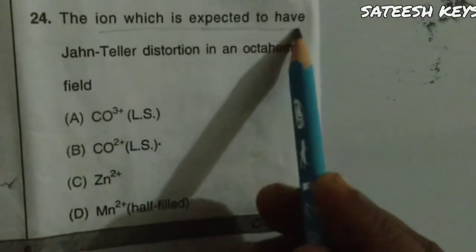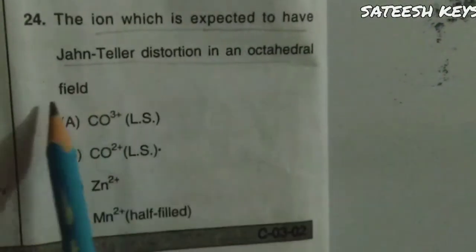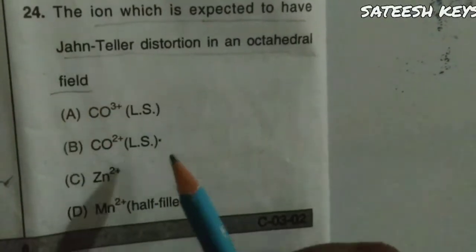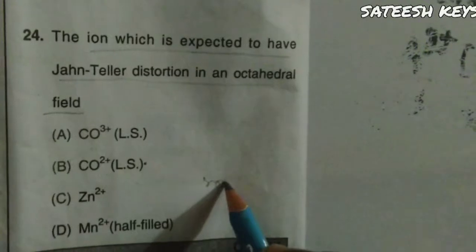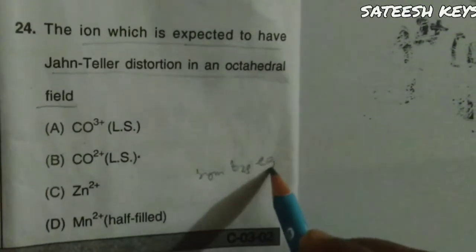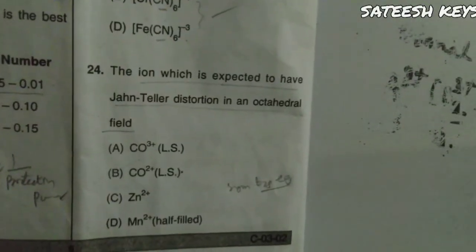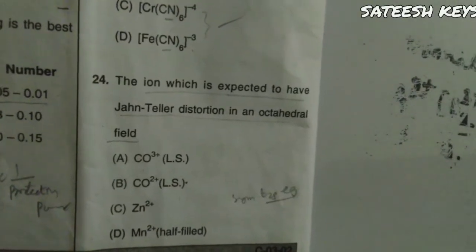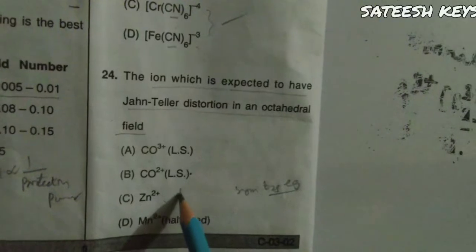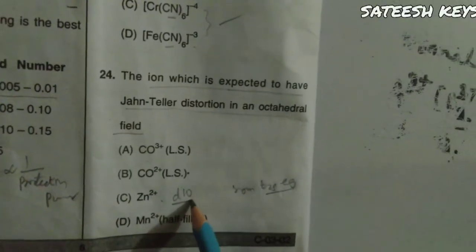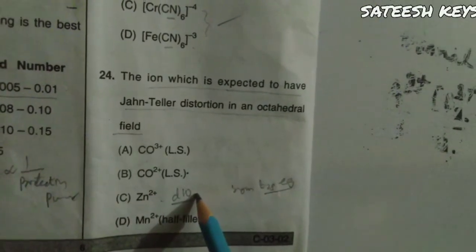Which ion is expected to show Jahn-Teller distortion in an octahedral field? Generally, octahedral complexes with symmetric electronic configurations of t2g and eg do not show Jahn-Teller distortion. In d10, it is symmetrical, t2g6 eg4.